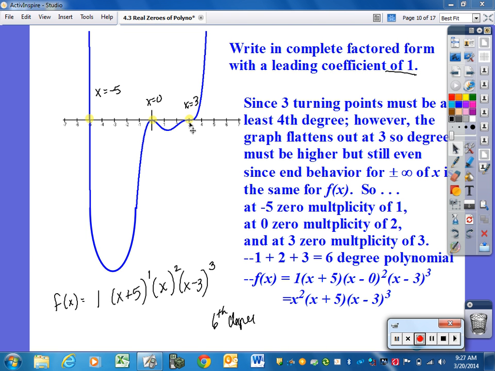Since both end behaviors for x heading towards positive and negative infinity are the same, towards positive infinity, that also supports a 6th degree, and ending positively supports a positive leading coefficient. 0 is at -5 with multiplicity of 1 since it crosses over. At 0 with multiplicity of 2 because it is tangent. And at 3 with multiplicity of 3 because it crosses over and flattens out. Also supports a 6th degree.